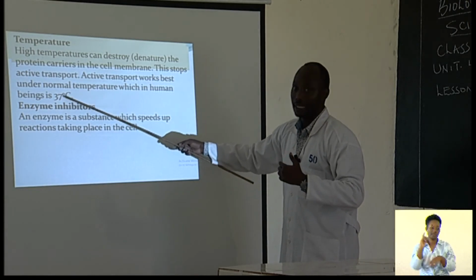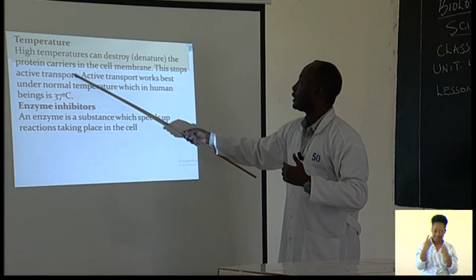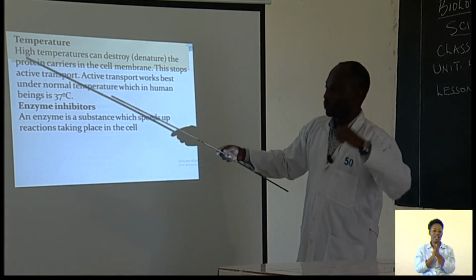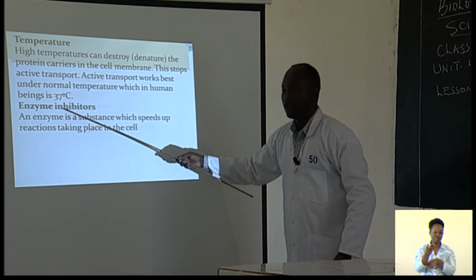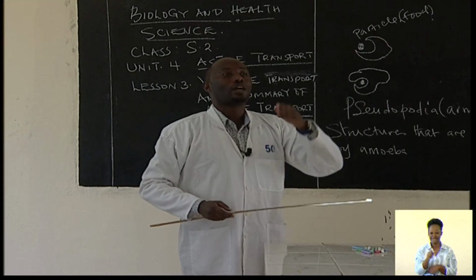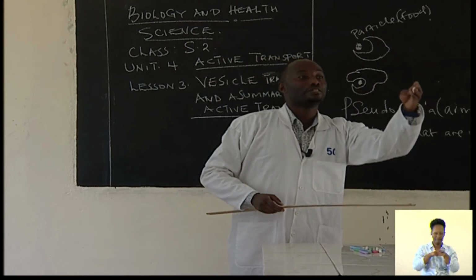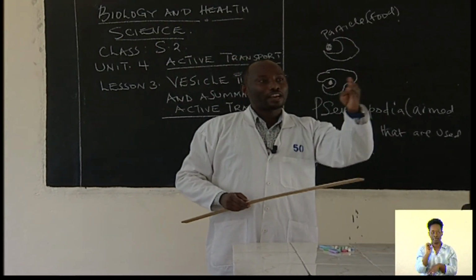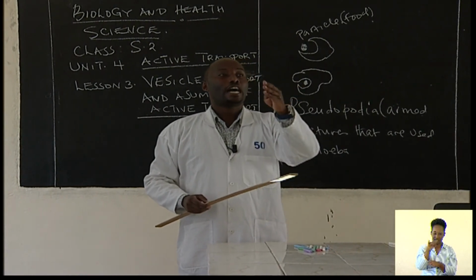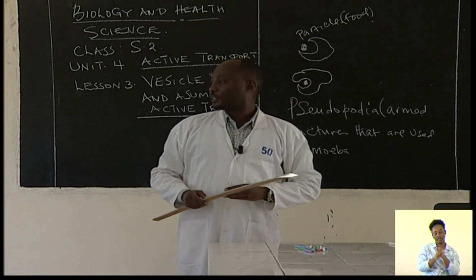When it is below that, it means that these protein carriers are going to be affected, and it will affect active transport. We have enzyme inhibitors. What are enzyme inhibitors? These are substances that can inhibit the enzymes' activities. And we know there are very many enzymes that participate in many activities of active transport.